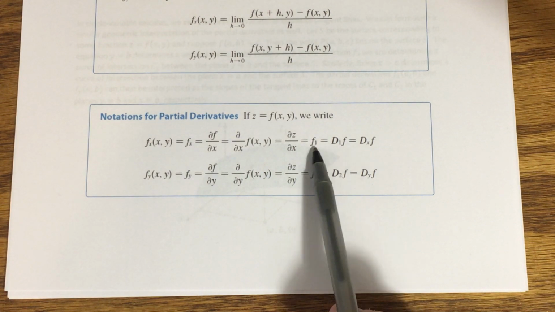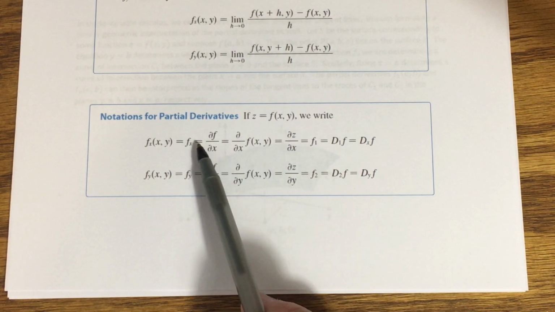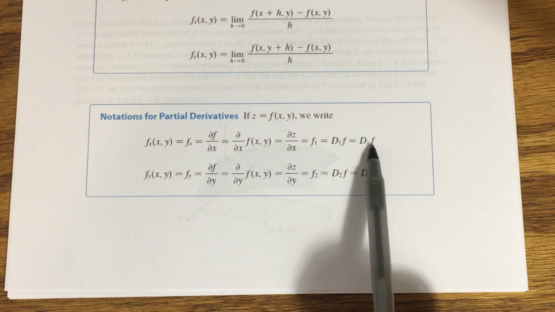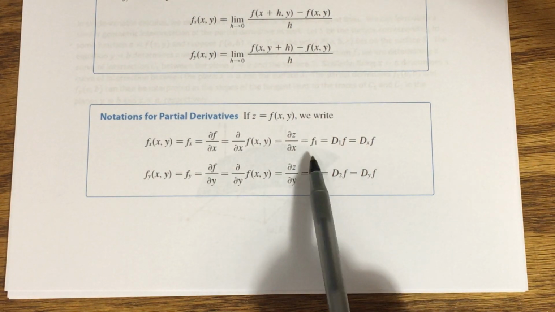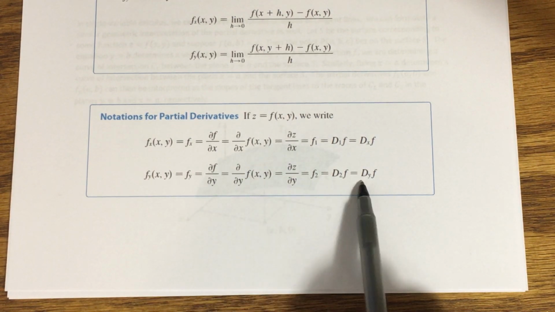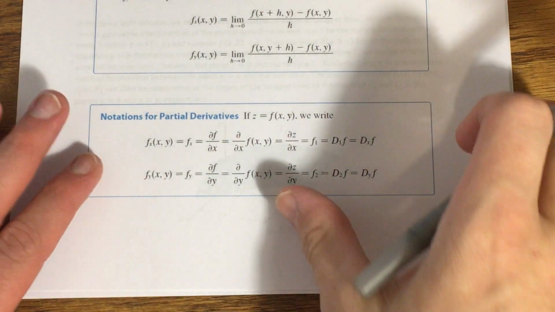The 1 here is just indicating that we're talking about the first variable in order as you read them. So the 1 would correspond to x. D_1 of f, D_x of f, these are also a lot less common, but they do show up in specific disciplines a lot more. And then here's all the equivalent notation for differentiating with respect to y.